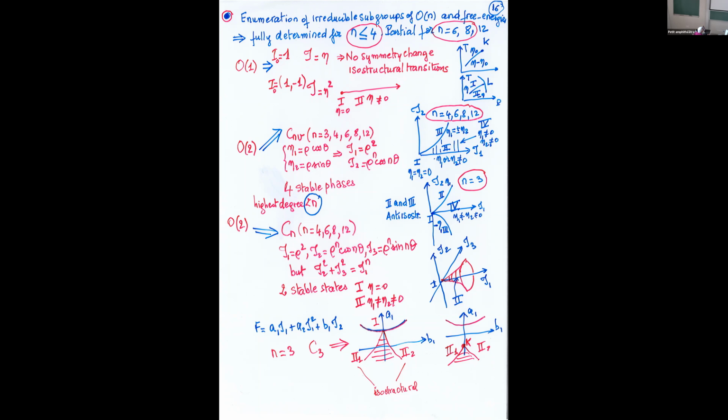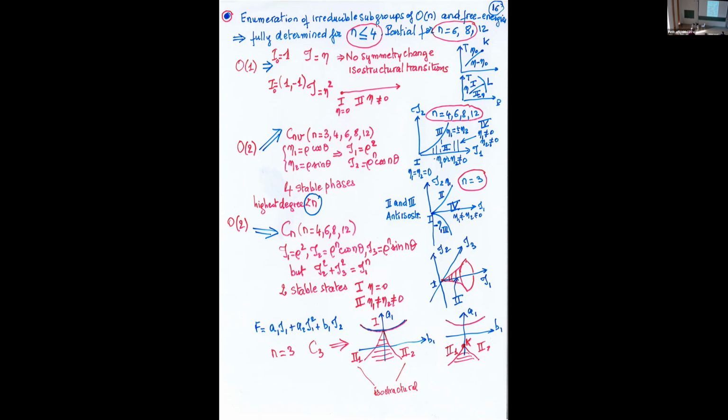But is it phenomenologically motivated? Are there interesting materials where the order parameter has dimension 6, 8, 12, or whatever? For 6, yes. For 8 and 12, you can find them in magnetic phase transitions, not in structural. But not all structural phase transitions have been discovered yet, so you don't know what will happen. At present, and I will show this tomorrow, you have many examples of 4 and 6.